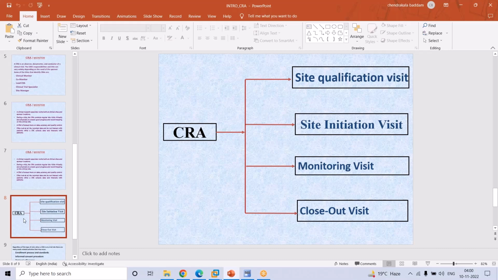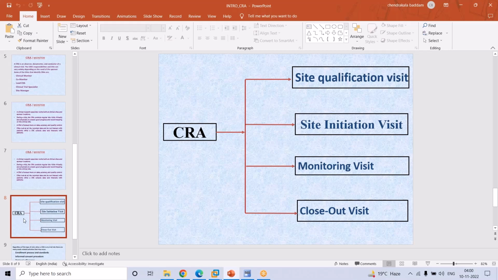They develop the monitoring plan. In the monitoring plan, they will include the frequency and duration of the visit: how frequently monitoring visits have to happen, and the duration of each visit.